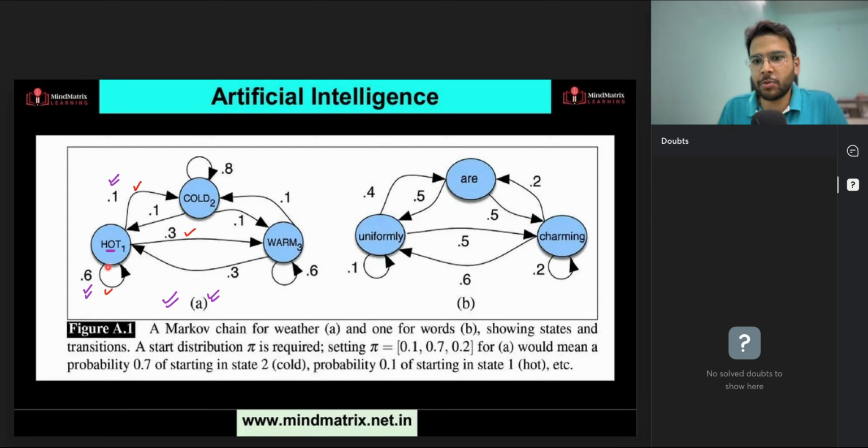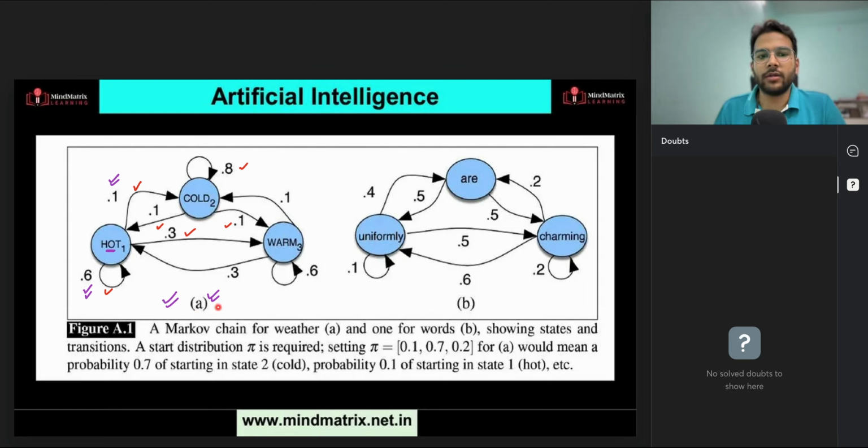If you add all these probabilities, you will find that the sum is equal to 1. So 0.6 plus 0.3 plus 0.1 is equal to 1. Similarly, you can verify from the cold state as well. 0.8 is there, 0.1 is there, 0.1 is there. That also sums to 1. This is the next thing that we have to consider. Is this clear so far? Do you have any doubt?